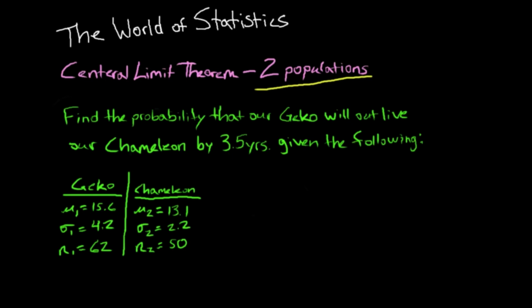Now that we have that, let's go ahead and write down our z formula. We know that z is equal to x bar 1 minus x bar 2 minus our population means.